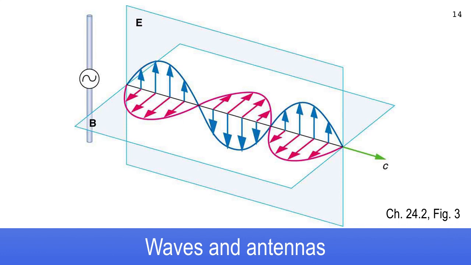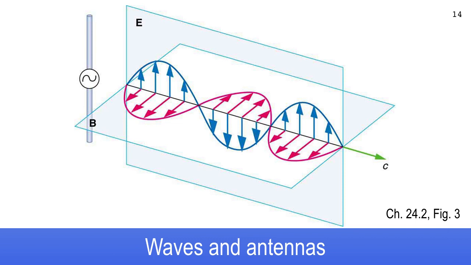So the magnetic field is in the horizontal-ish plane, and it's going to the left, going to the right, back to the left, and so on as it propagates out to infinity. And the electric field is perpendicular to that. It's going up, going down, going up again at various magnitudes. And those magnitudes are in sync with the behavior of the electrons in the source, in the antenna.